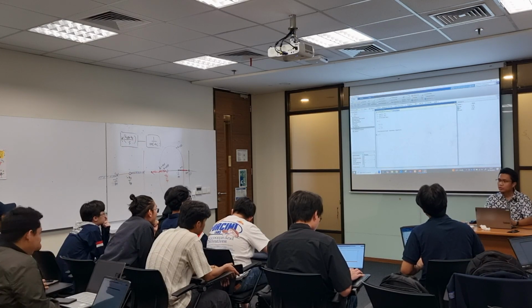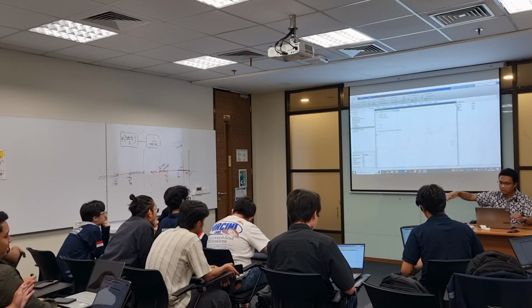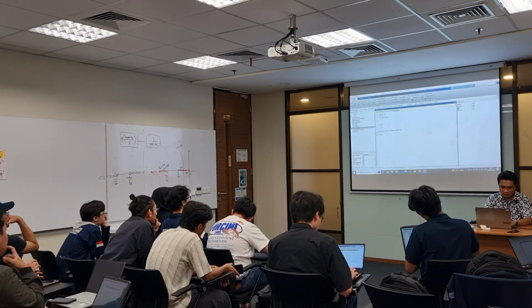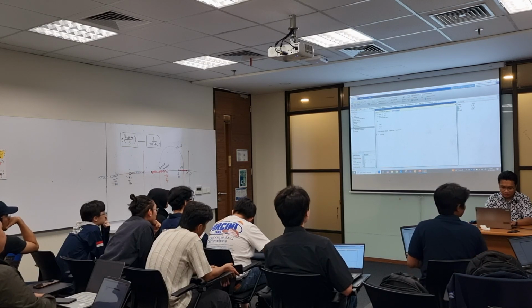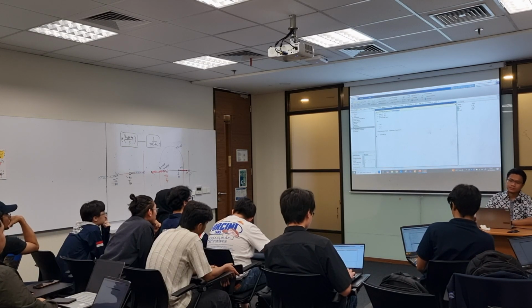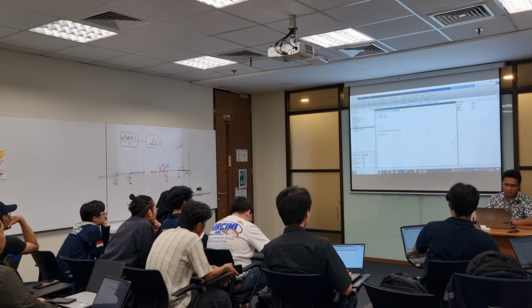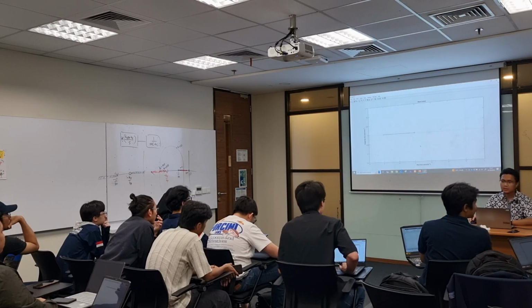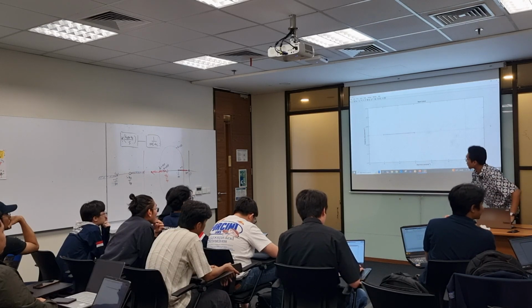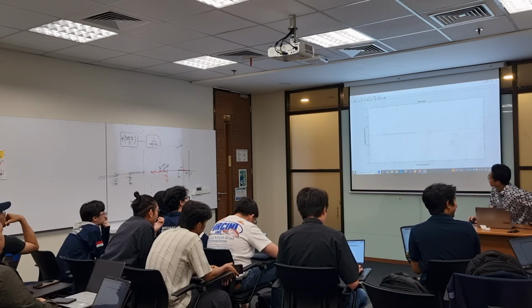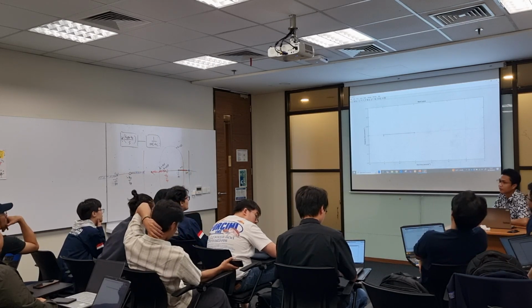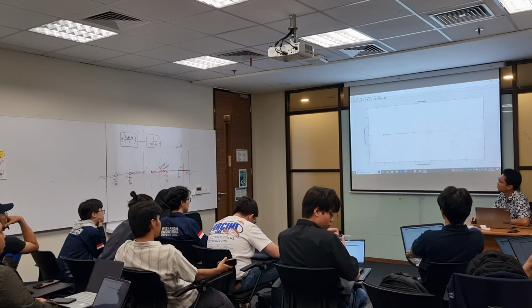And then if I want to draw my root locus, I say rlocus of G, and then this is the root locus. The circle here corresponds to -3, and this is -5.